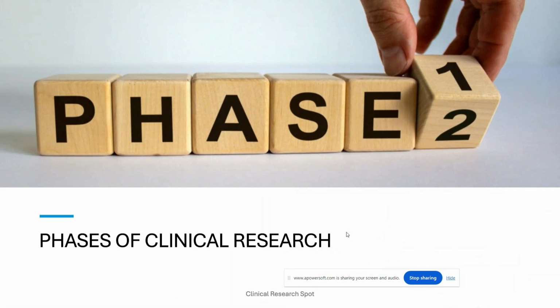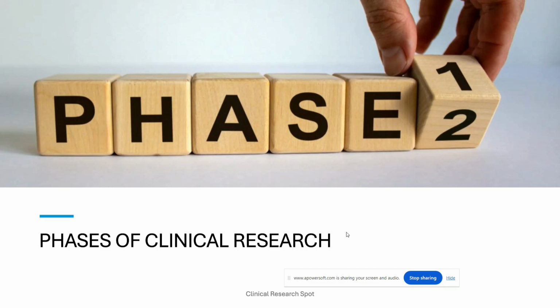Basically, these clinical trials are designed to answer some important questions. Does the new treatment work in people? If it does, doctors will look at how well it works. If it does not work better, is it as good, and does it cause any side effects?